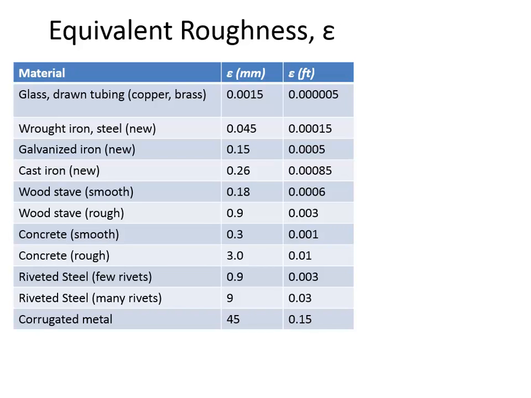It's rougher than galvanized iron, and wrought iron is even smoother still. Glass is a very, very smooth material. But a concrete pipe is really rough. A rough concrete pipe would have an equivalent sand roughness of 3 millimeters. That's the equivalent grain diameter of a roughened concrete pipe.